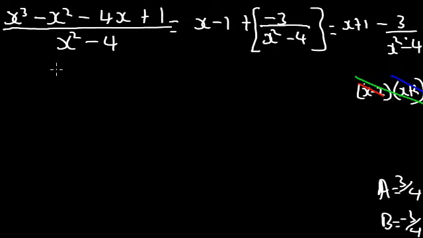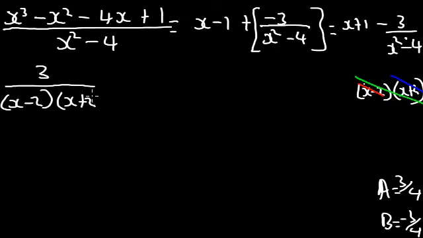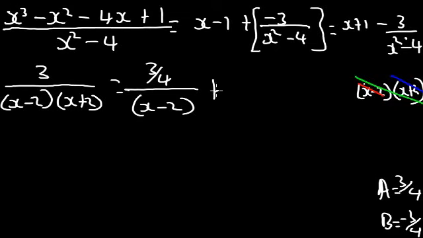So therefore, the partialization form of 3 divided by x minus 2 and x plus 2 is written as the value of a, which is 3 over 4, all divided by x minus 2, plus the value of b, which is negative 3 over 4, all divided by x plus 2.